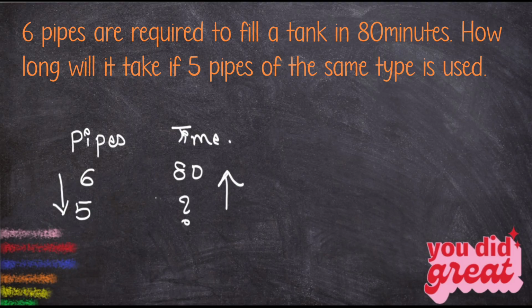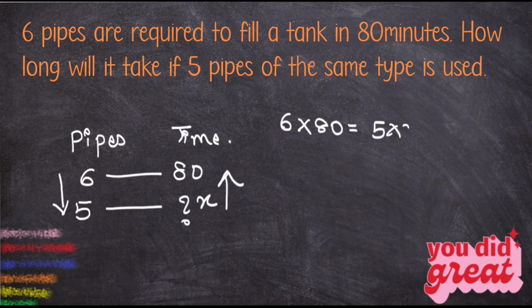So when you find the questions with regards to inverse proportion, what you have to do is you have to do the direct multiplication. In direct it was cross, in inverse it will be direct. Means what? Now here it is a question mark, so I will take its value as x. So now here you will do 6 into 80 is equal to 5 into x.